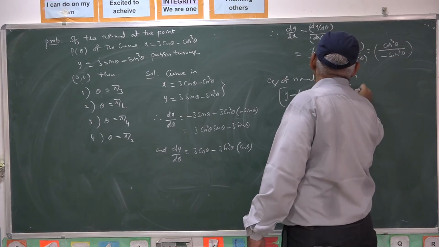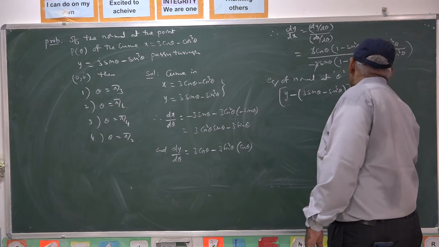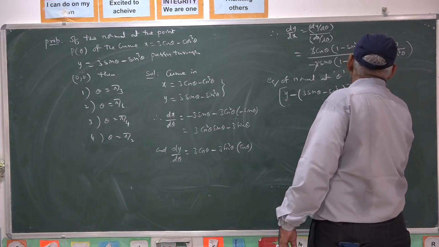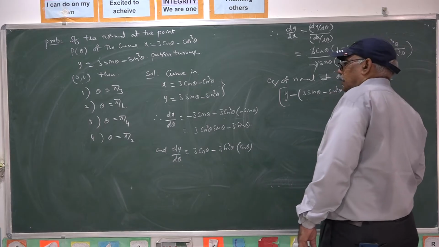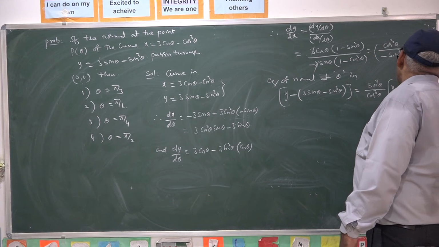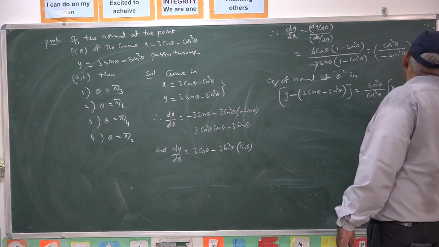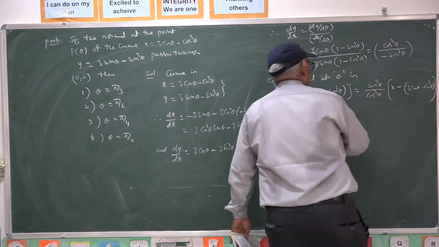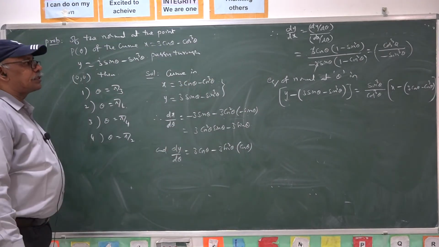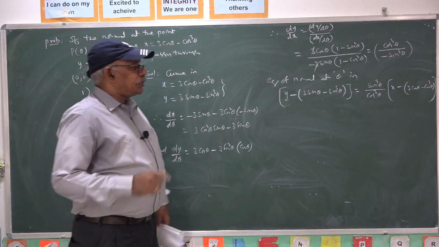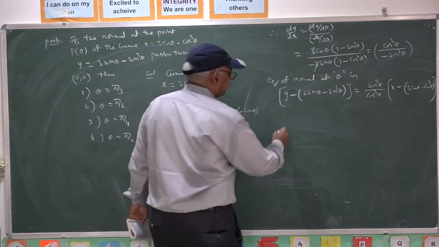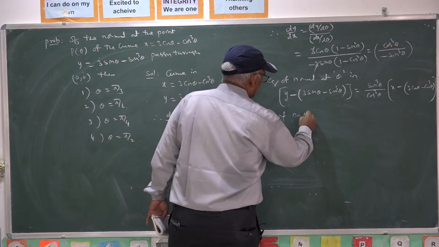Y minus y1 equal to slope of the normal, which is sin cube theta by cos cube theta into x minus x1. x1 is 3 cos theta minus cos cube theta. This is x1, this is y1, at theta. Now this normal is passing through origin.